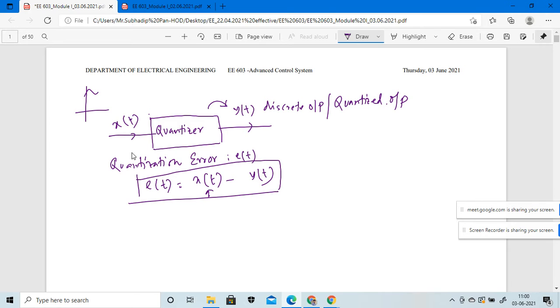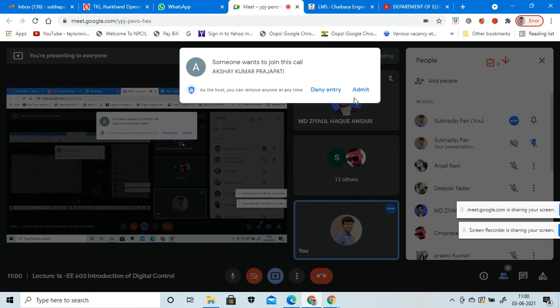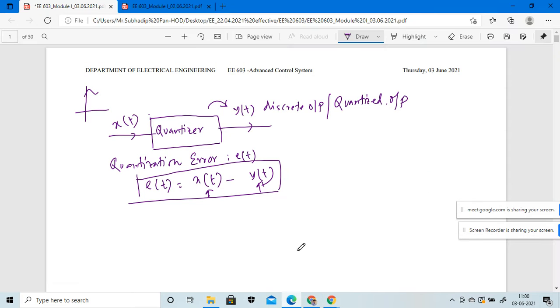That means the difference between the input signal and the output signal. And what will be my magnitude for this case? The magnitude of this quantization error, e(t).